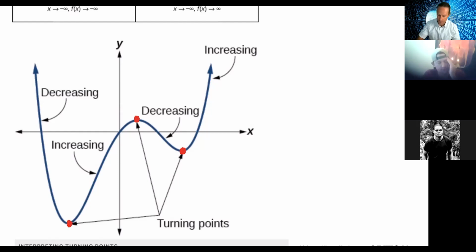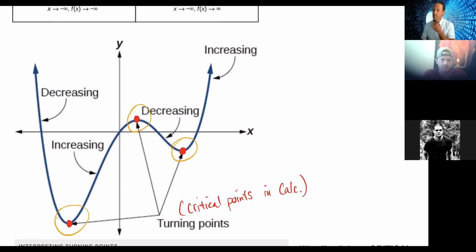What else? Why are these so critical? See who can put together some of the stuff that we talked about even before last week. Maybe I'll give you a hint. See if that helps at all.